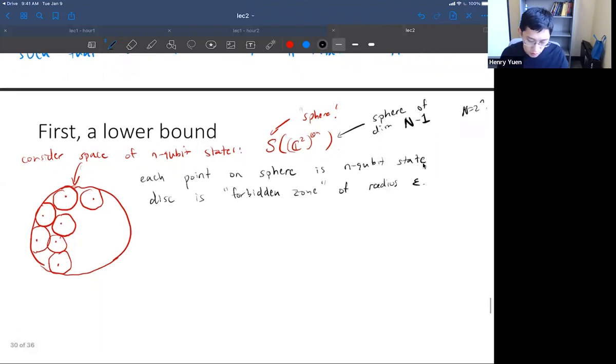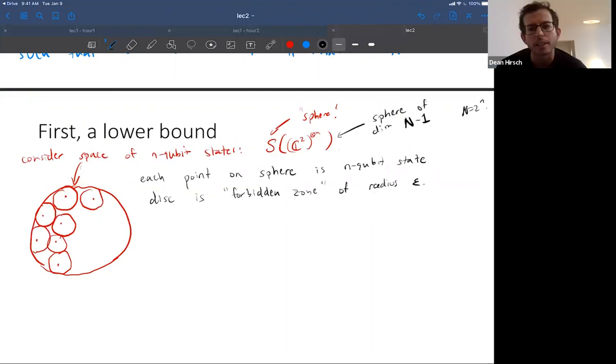Okay. So now we have this geometric picture: how many of these disks can we pack into this capital N minus 1 dimensional sphere? This is just a high dimensional geometry problem. Does anyone have a sense of the order of magnitude, or how many of these disks you can pack in? I'm guessing about the ratio of the volumes.